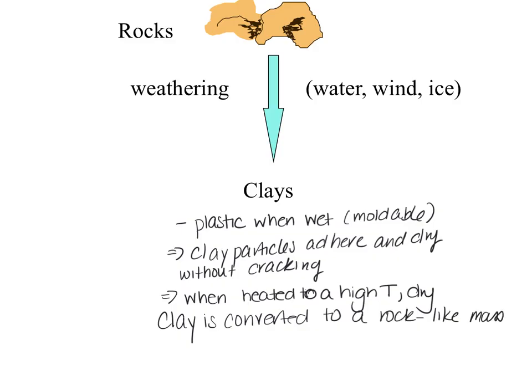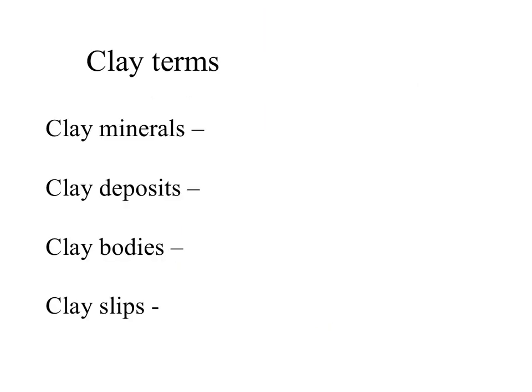So next I want to talk about a few words that you will see when we talk about clay. So these are clay terms. And the first thing you're going to hear are clay minerals. Most of the minerals in clays are hydrated aluminum silicates. So when we say something is hydrated, that just means that it has some water associated with it. Then we also have clay deposits.